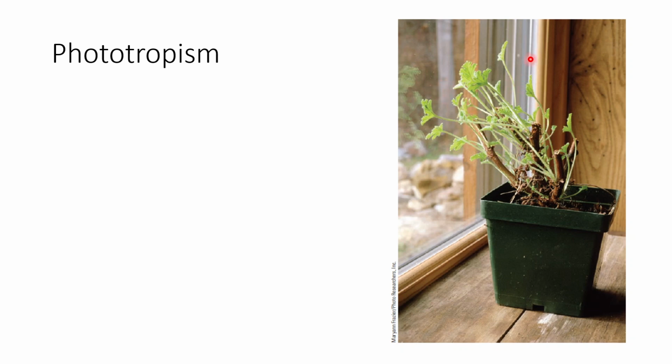So that is why, if your plant is located at the window, then it will not grow straight. It will be directed to the side of the window.